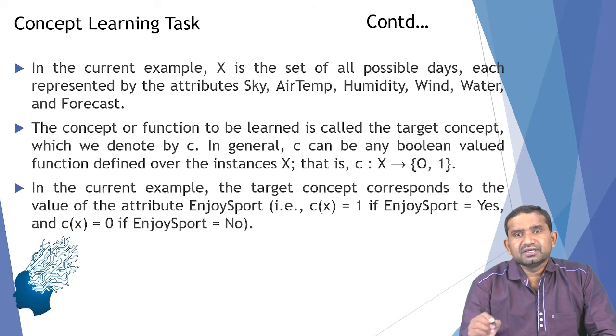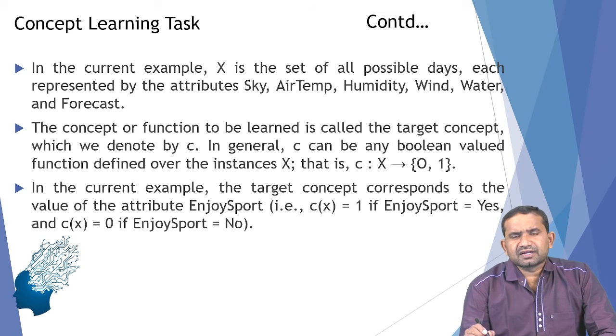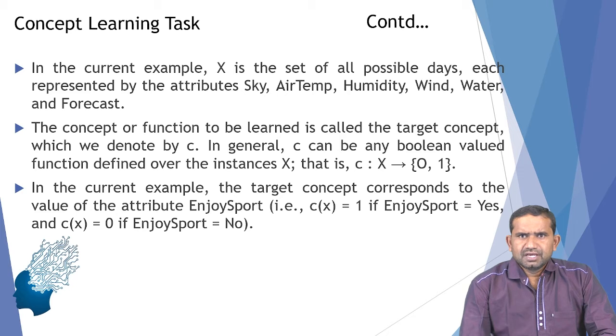Here we can give some instance. X is the instance of some hypothesis, whereas C is the target concept. Based on the Boolean function value, we define the target concept, yes or no. Whereas C of x is equal to 1 means success in the game or enjoying water sports, so it is yes.